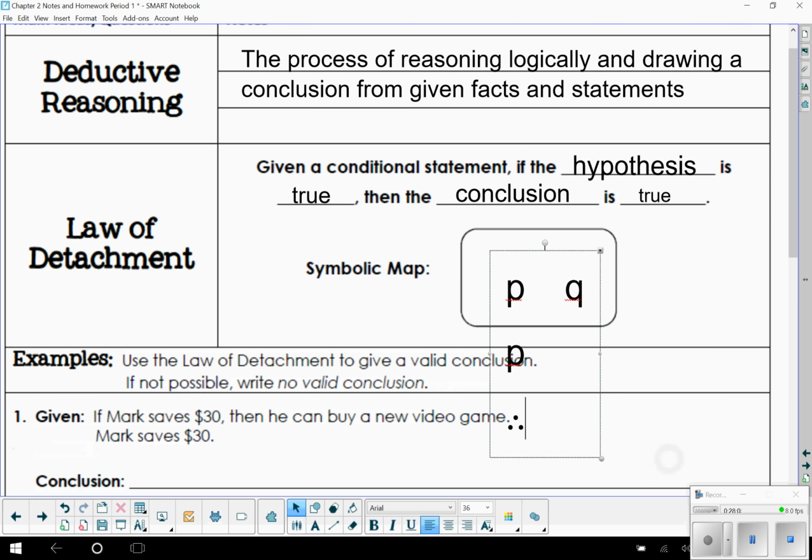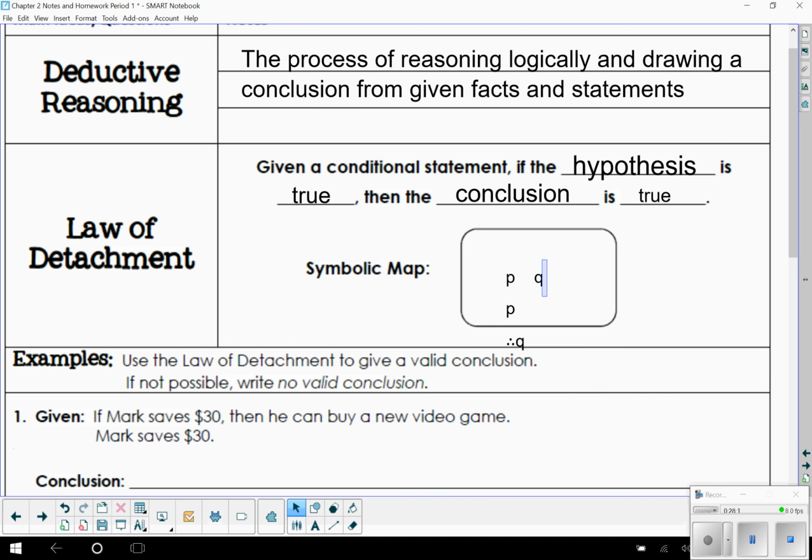Therefore, Q. So if P goes to Q and P is true, therefore Q is true.